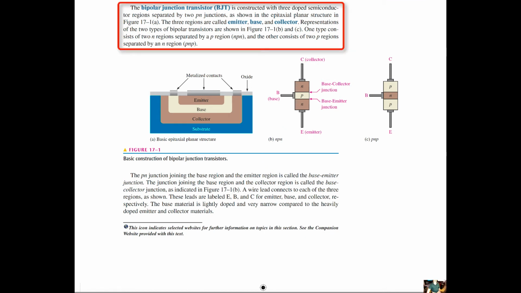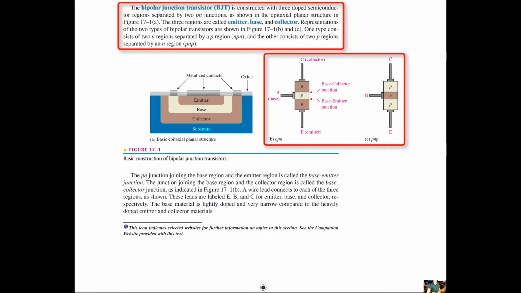The bipolar junction transistor then is constructed of three doped semiconductor regions separated by two p-n junctions, as shown in the epitaxial planar structure in figure A. So there's your epitaxial. The three regions are called the emitter, the base, and the collector.